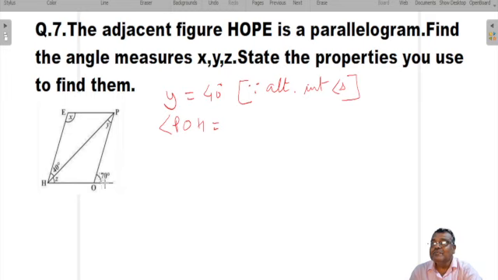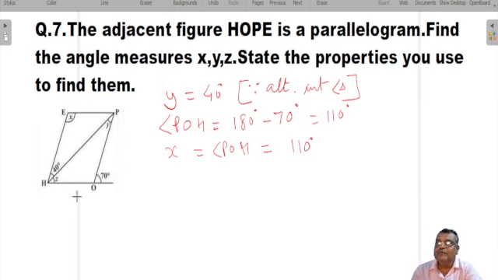This 70 and angle POH together make 180 degrees. So POH is equal to 180 degrees minus 70 degrees, which is 110 degrees. So x is equal to angle POH, which is 110 degrees, because opposite angles of a parallelogram are equal.